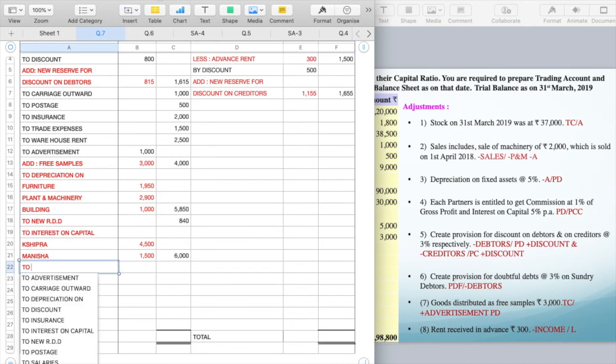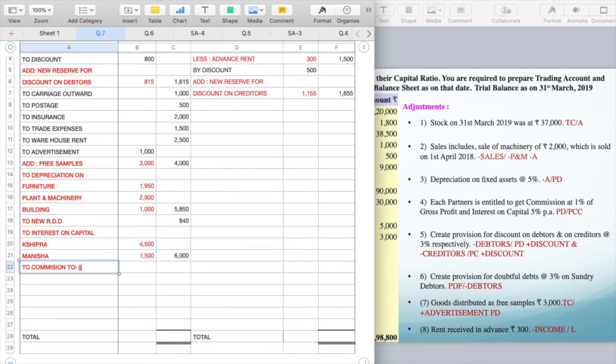So to commission to, so here I'm just putting the calculation, 84,900 into 1%, right? So for Shipra and Manisha, amount of commission will be 849 each.